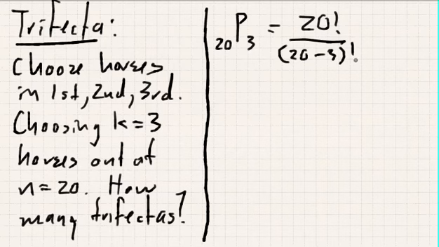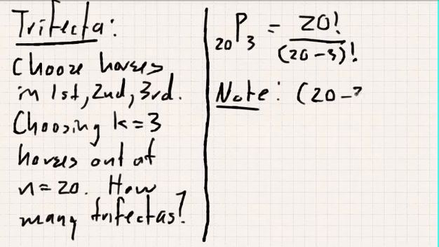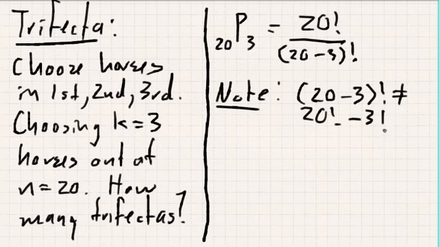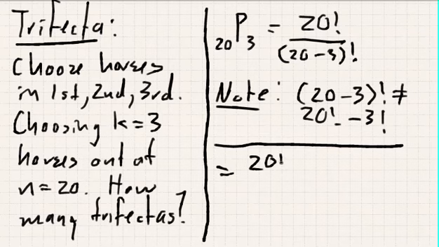Now let me just note here, when computing 20 minus 3 factorial, it's not 20 factorial minus 3 factorial. I have to compute what's on the inside first. So what I really get is 20 factorial divided by 20 minus 3, 17 factorial.